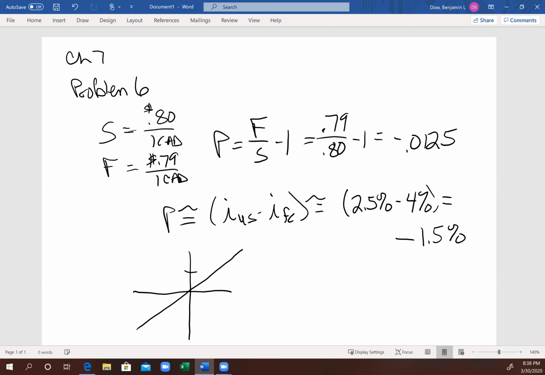So if we look at the difference in interest rates at negative 1.5%, and the premium established by the forward rate relative to the spot rate at negative 1.25%, so if we go down 1.5 and over about 1.25, should be about here, we're going to see that we're below the interest rate parity line.